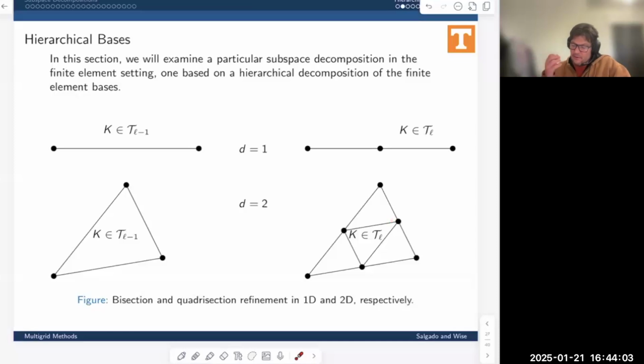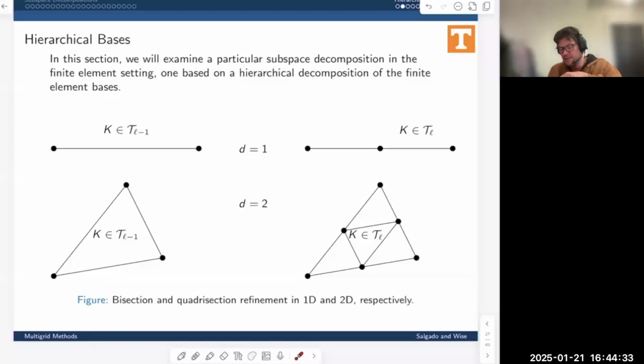So this way of building up the mesh through bisection and quadrisection gives us a lot of nice properties. For example, it allows us to construct the basis elements very quickly. It gives us a lot of geometric information about this problem very quickly. Sometimes multigrid is broken up into two flavors: algebraic multigrid and geometric multigrid.